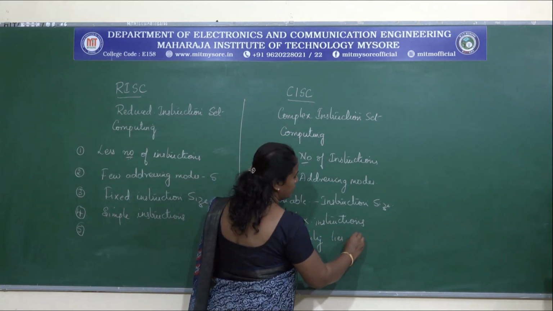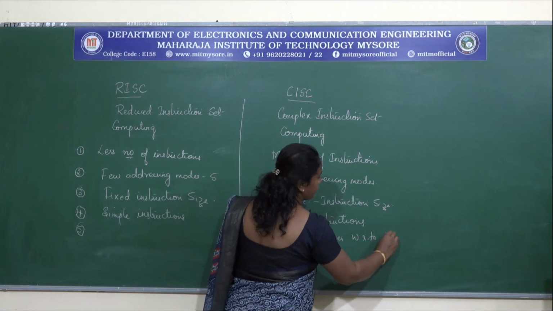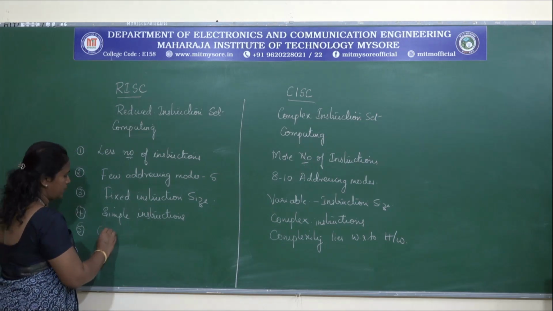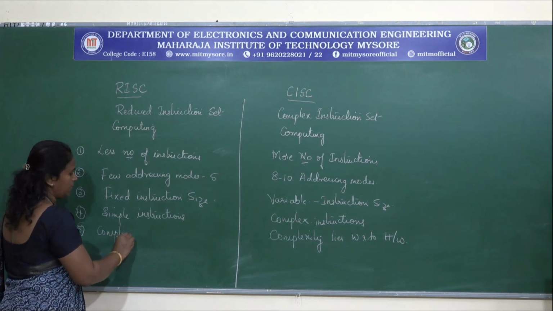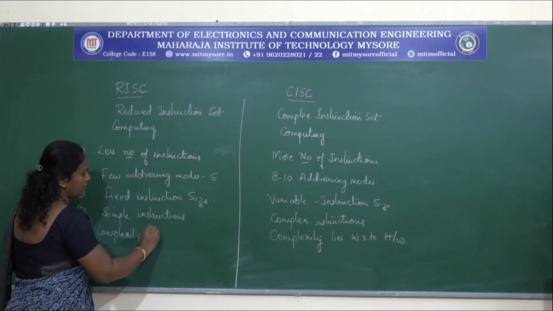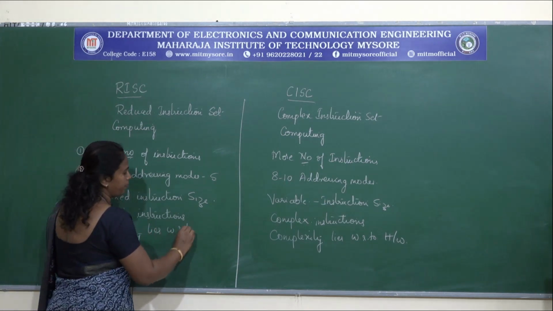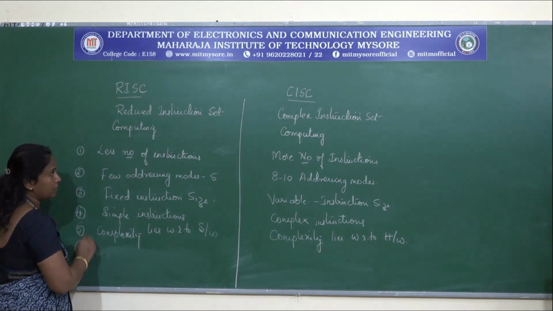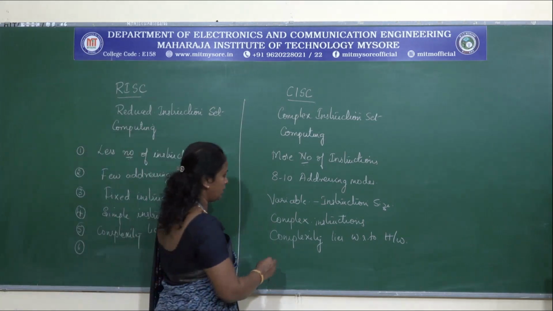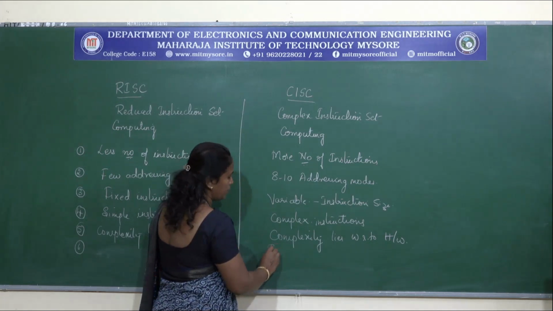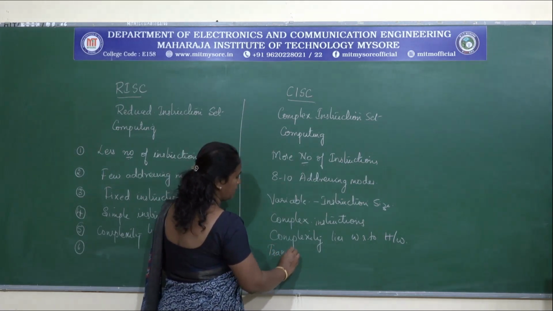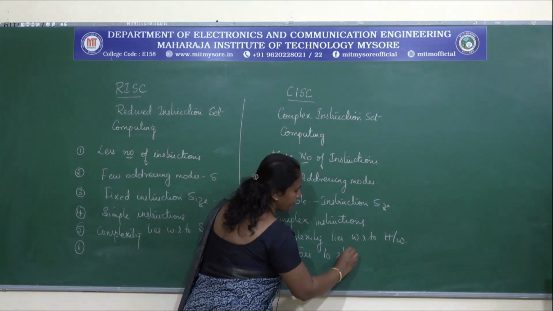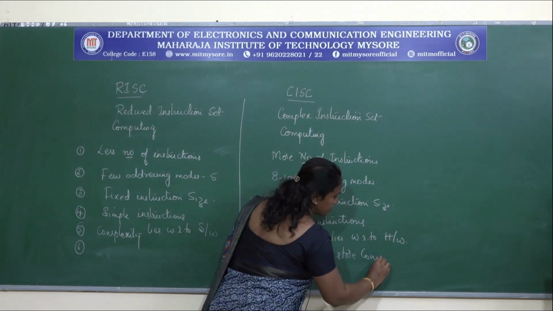Next, in the case of CISC, the complexity lies with respect to hardware. In the case of RISC, the complexity lies with respect to the software. Next, in case of CISC, we use transistors to store complex instructions.